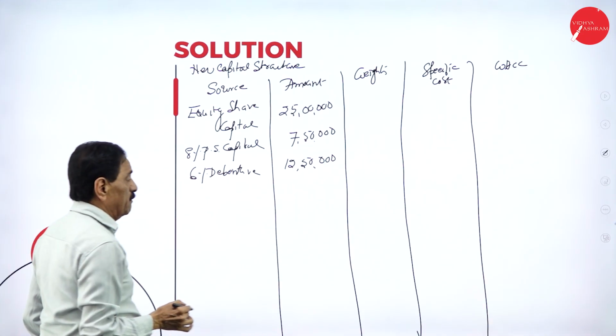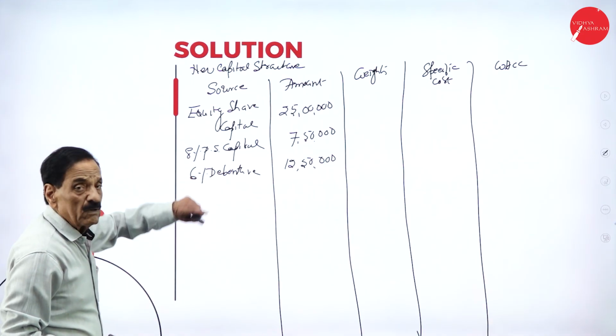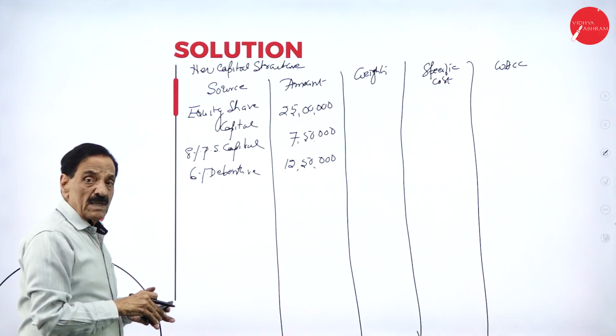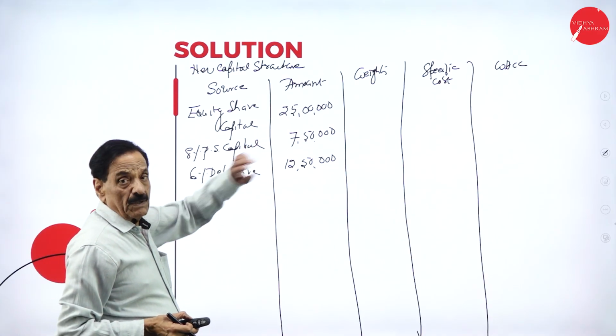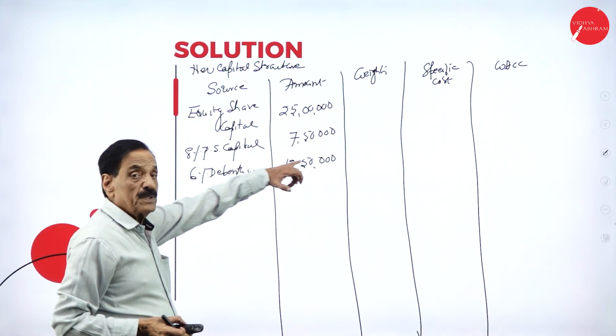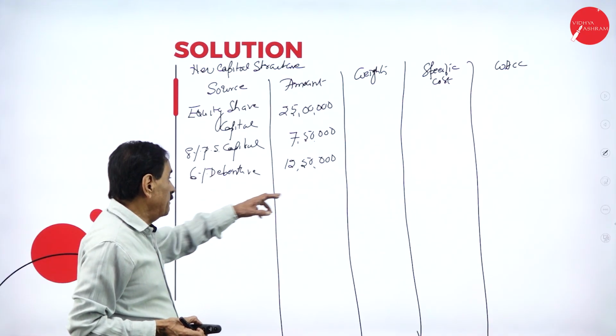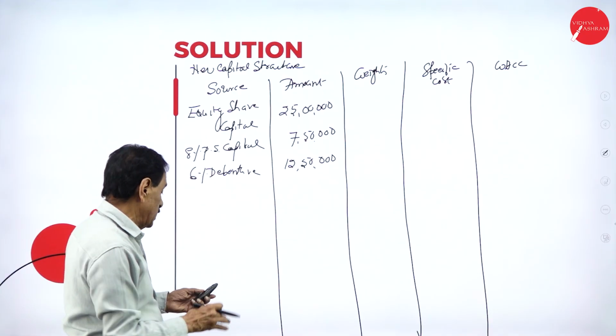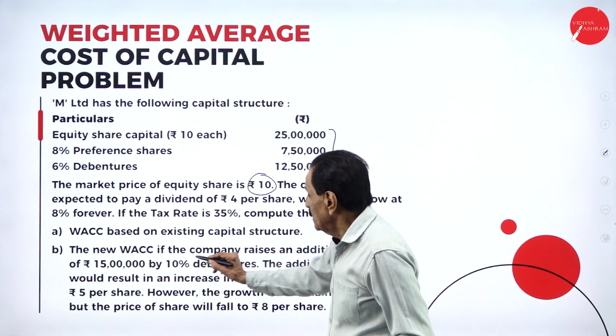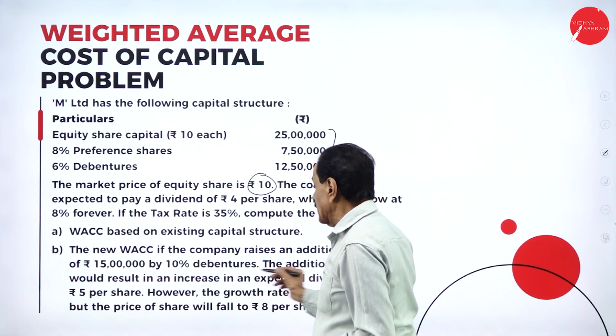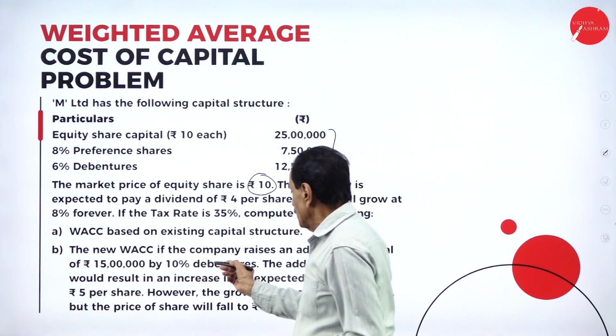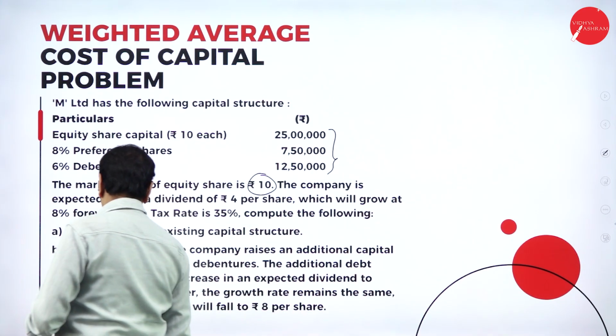This is the old one. So what's the old one we have got? Equity share capital 25 lakh, preference share 7,50,000, debenture 12,50,000. Now, the new one: raises additional capital of 15 lakh by 10% debenture.